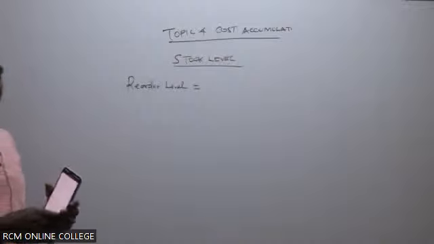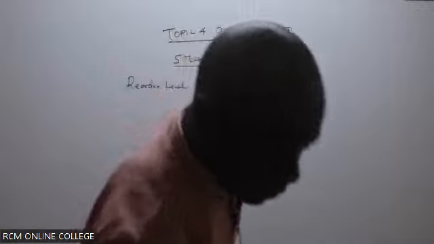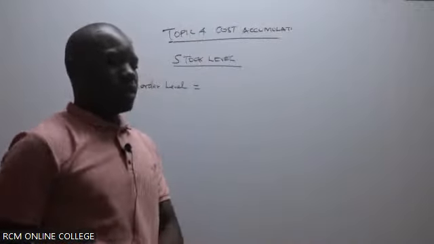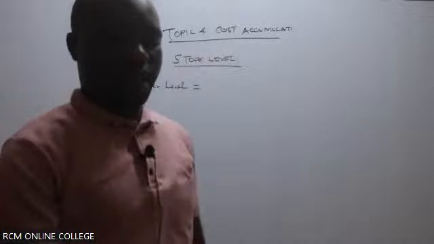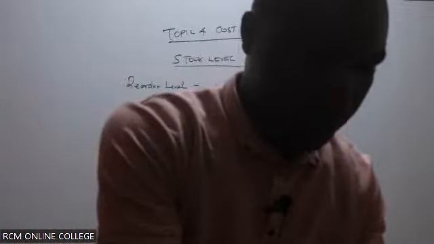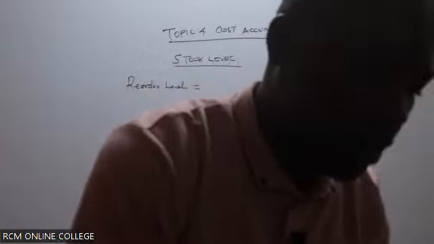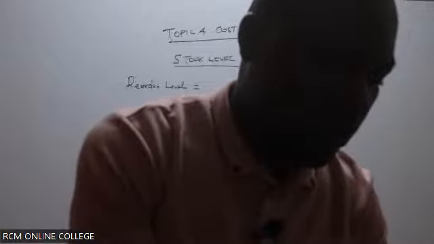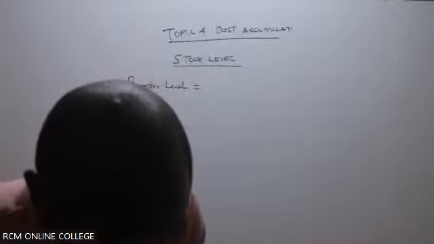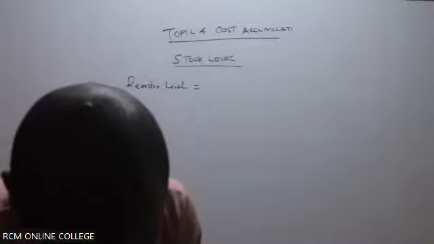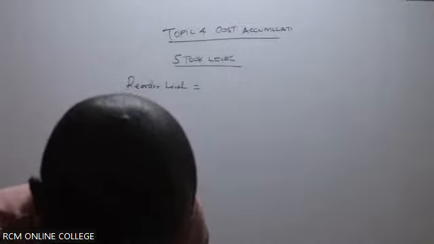I believe you have that in the notes. I just want somebody to help me get that from the notes to at least confirm that we are together. Check the note that I shared with you, then tell me the formula for getting the reorder level. Engage your chat box there.